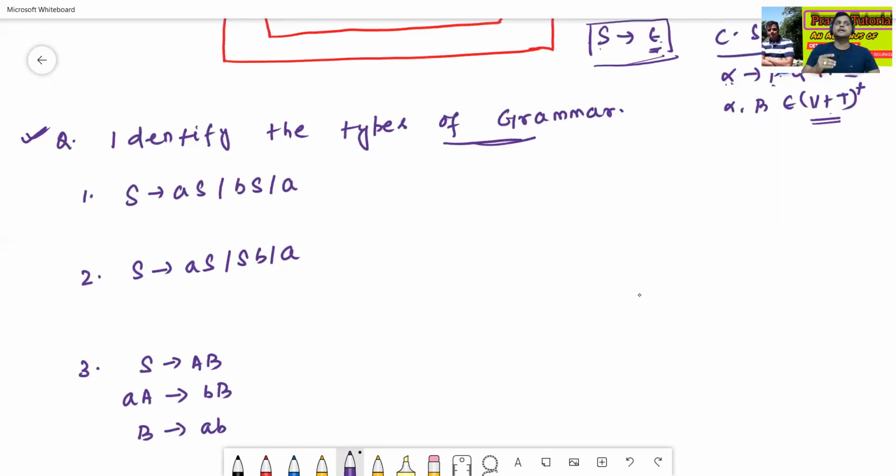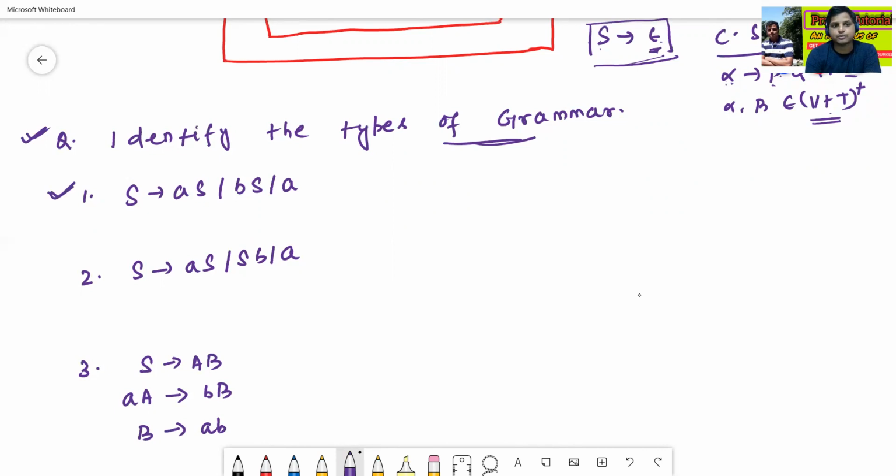Types of grammar means whether it is a regular grammar or not, context free or not, unrestricted or not, context sensitive or not. Or we can say type 3, type 2, type 1, type 0 grammar or not.